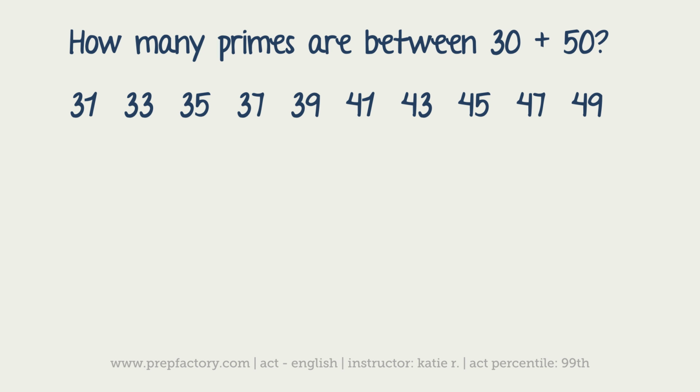So those are all of our odd numbers, and then we're going to have to figure out which ones of these are not prime. The sneaky way to figure this out is that if you can divide any of these numbers by a prime, then the number itself is not a prime. And if I look at my biggest number, 49, I know that that is 7 times 7.